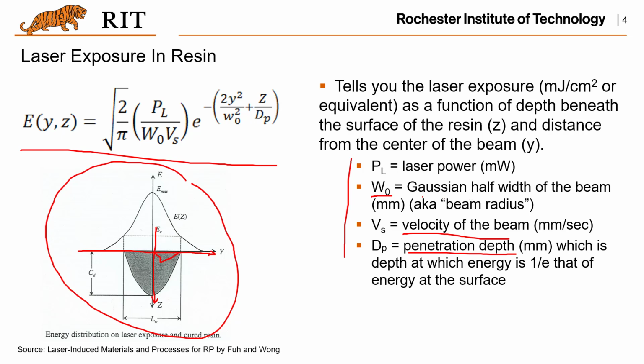It gives you the Gaussian half width of the beam, and at the same time, it represents the beam radius, right? What is the radius of the laser beam? And for any points in this region, if you substitute its y and z numbers into this equation, it will give you a laser exposure number, and that is very important.